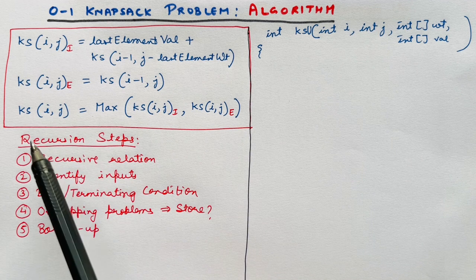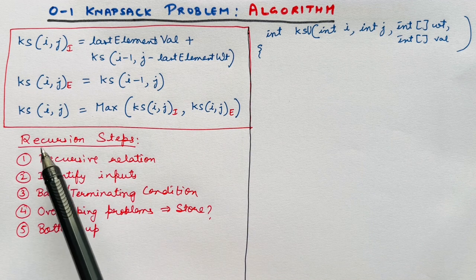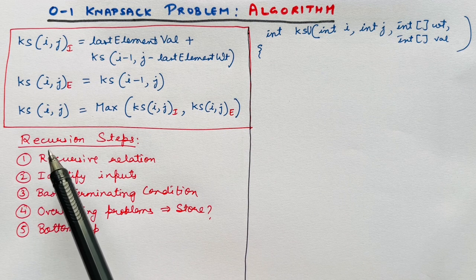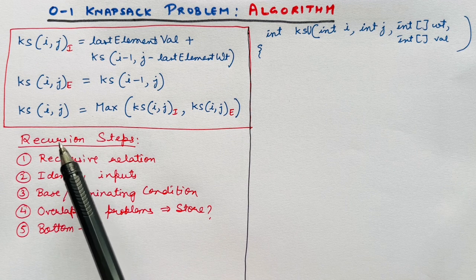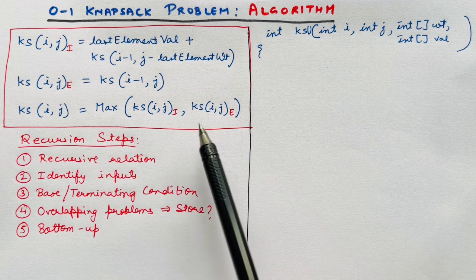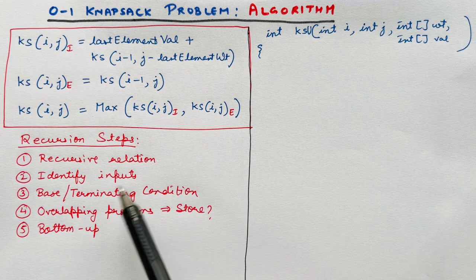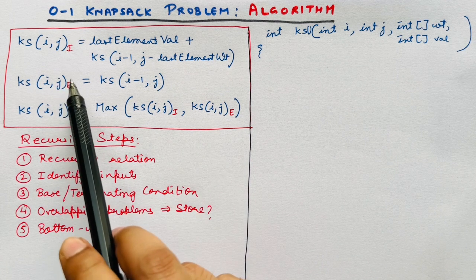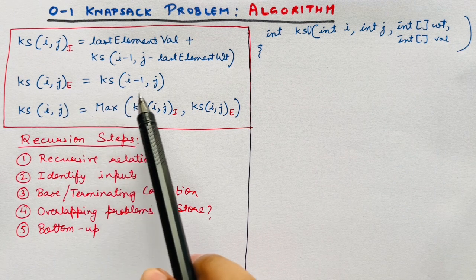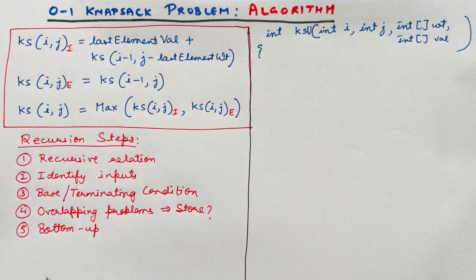The recursive relation says that the maximum value that we can achieve by using the first i items with the capacity of the knapsack being j is equal to the maximum of the include answer and the exclude answer. And we have calculated the include answer and exclude answer in terms of the answers to smaller problems.